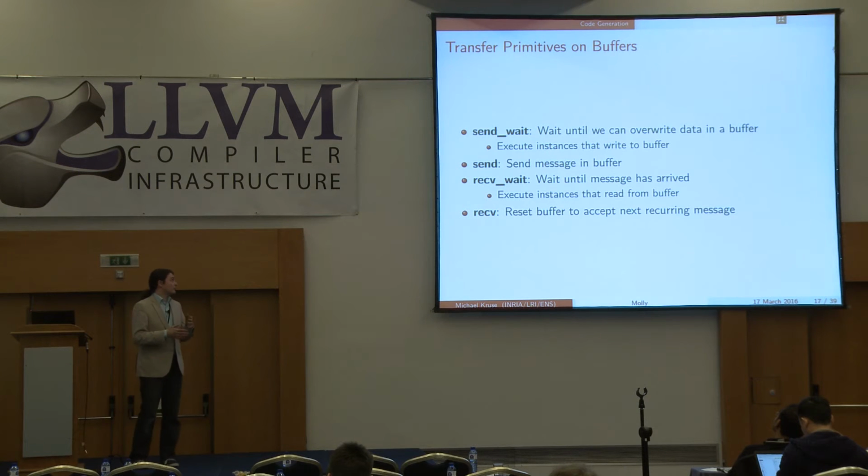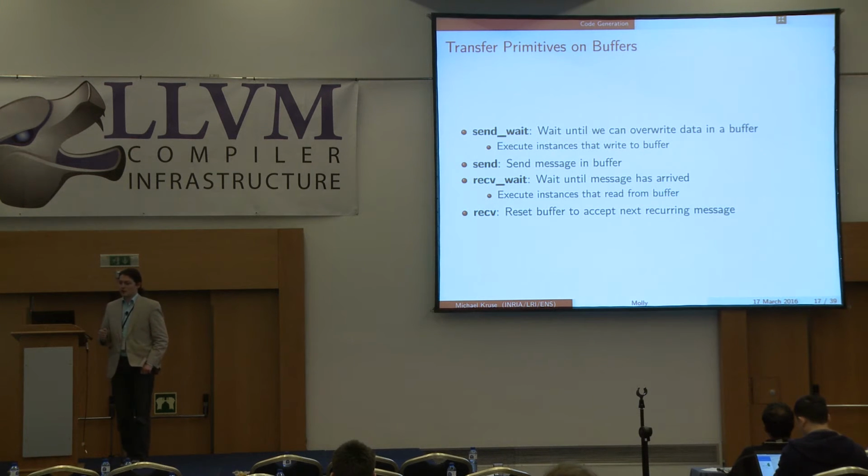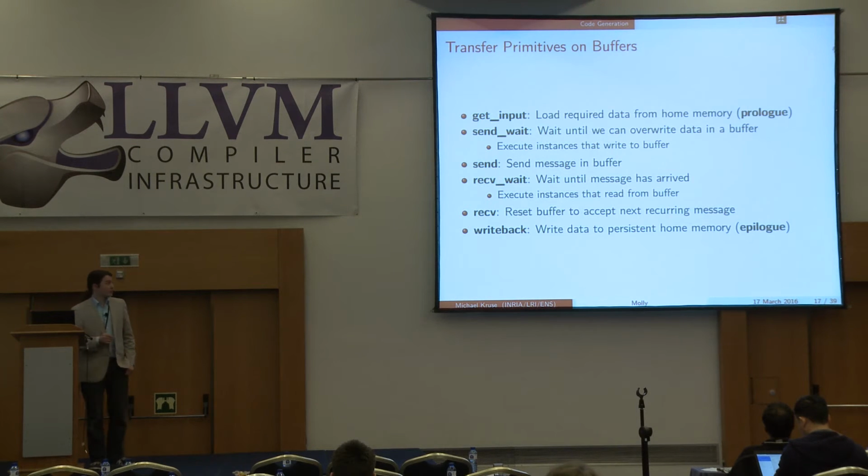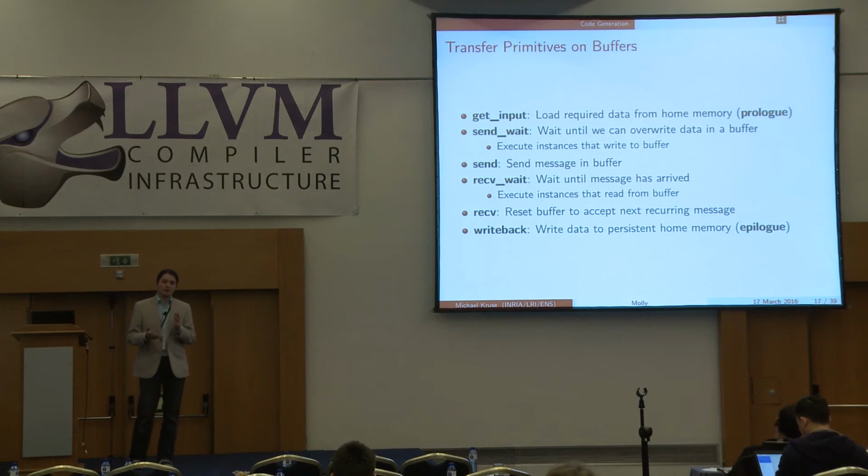About the same, but in reverse, is for the receiving node. We receive wait until the value is available for reading from the communication buffer, read from the communication buffer, and then issue the next receive, so that the sending node could already start sending the data.